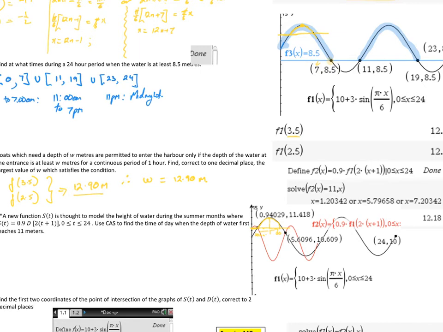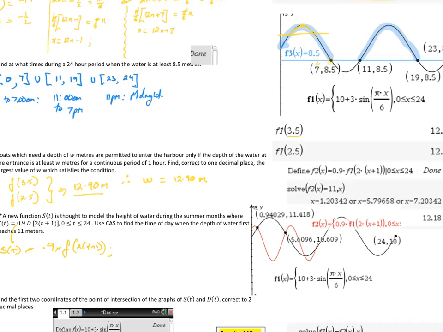Let's go down to our new function. This is purely a calculator one, so we're going to think about this one. A new function S of t is thought to model the height of water during the summer, where it changes. So S of t is equal to 0.9 times the previous function, f of 2t plus 1, between 0 and 24.